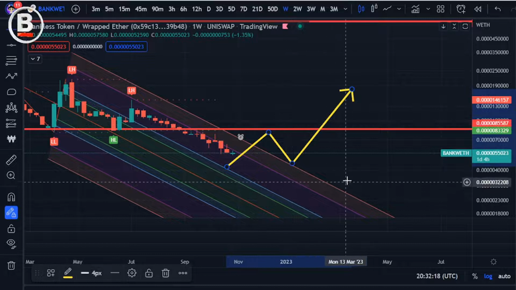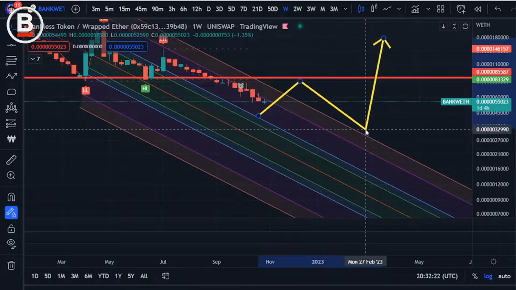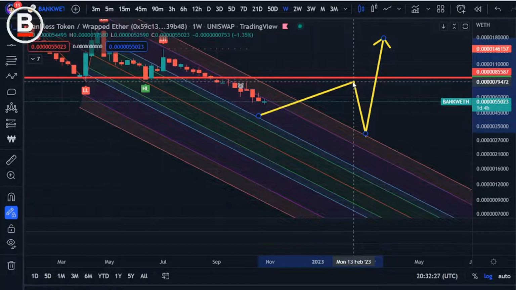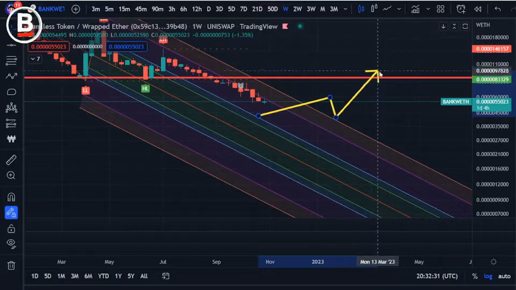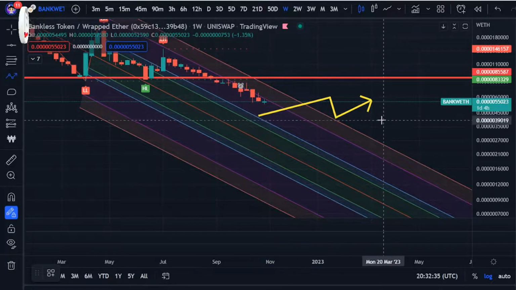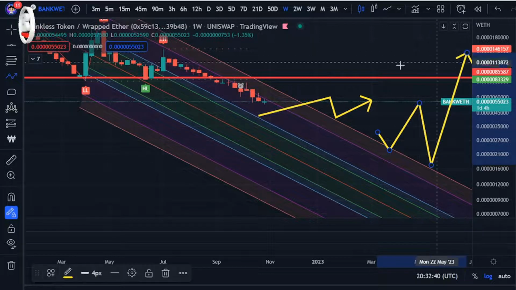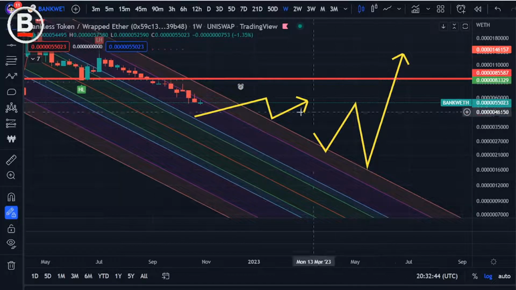Of course, the farther we go down, the more we'll have to travel up. We could stay in this channel for quite a while. We could bounce around on this channel quite a bit before finally taking off. I'm getting into next year now.